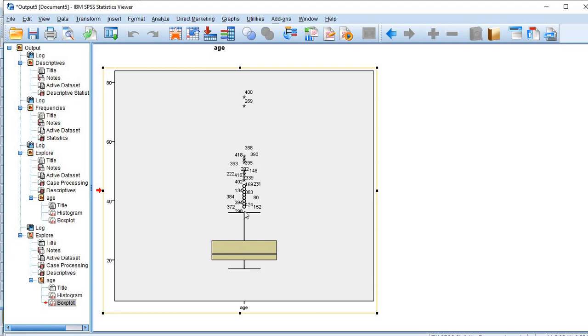What the upper inner fence and lower inner fence are used for is to determine the possibility of outliers, those values that are abnormally high or abnormally low.